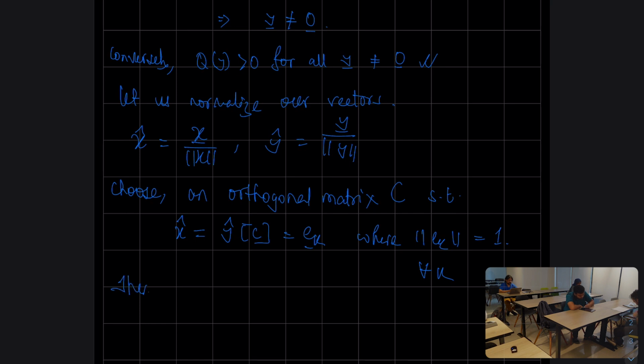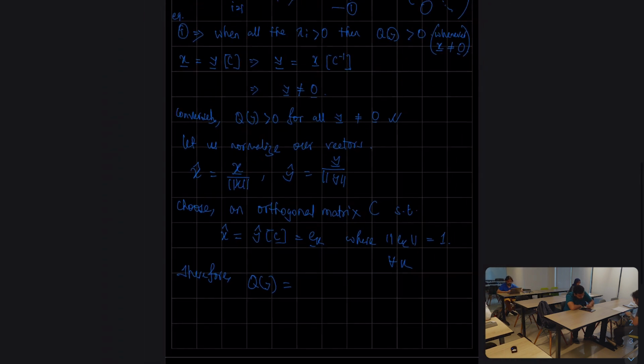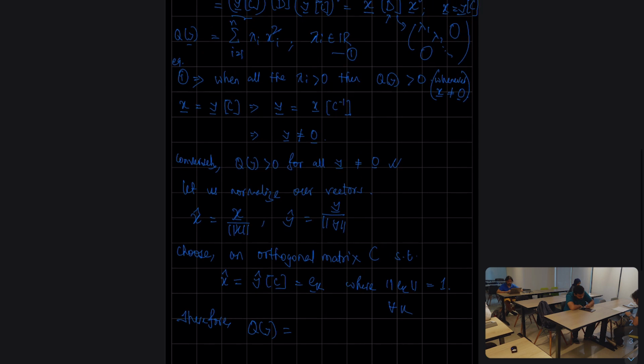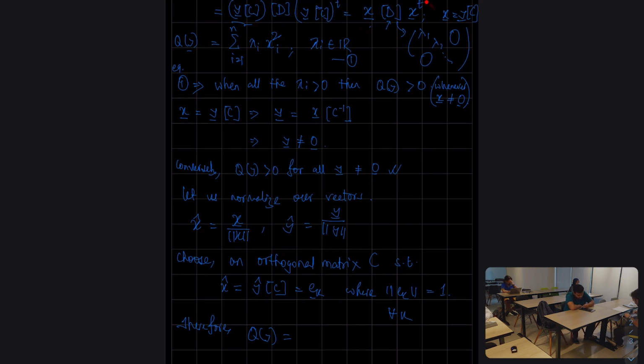Therefore, we will have the quadratic form which we had earlier. So I had it in one particular form. I'm going to use this form. So that will give us something. Okay.